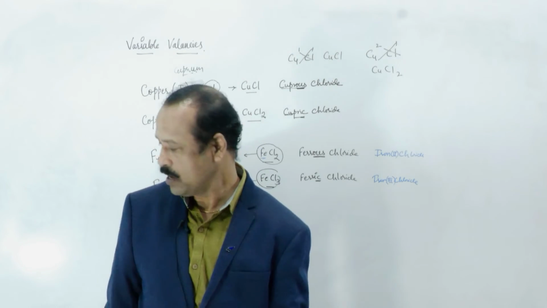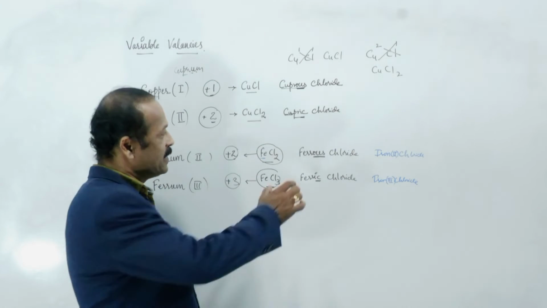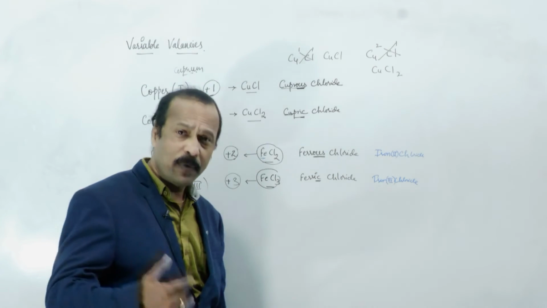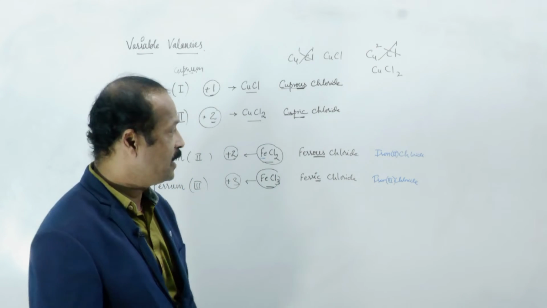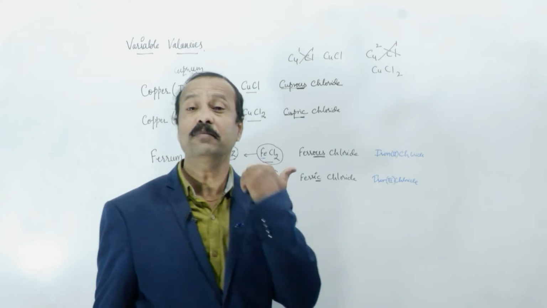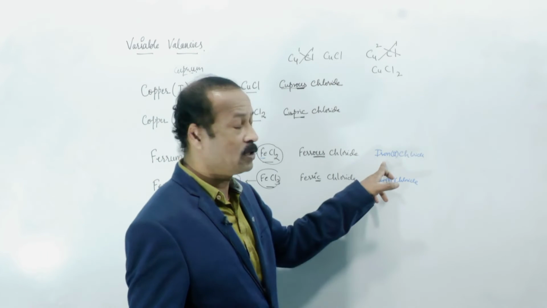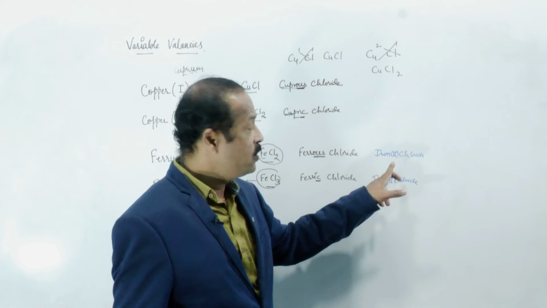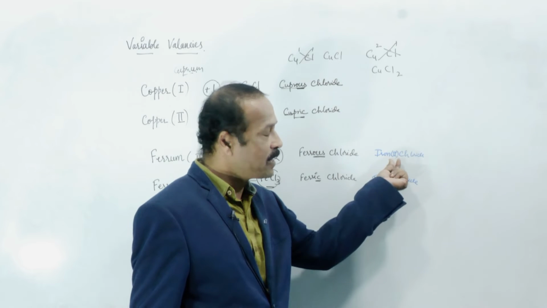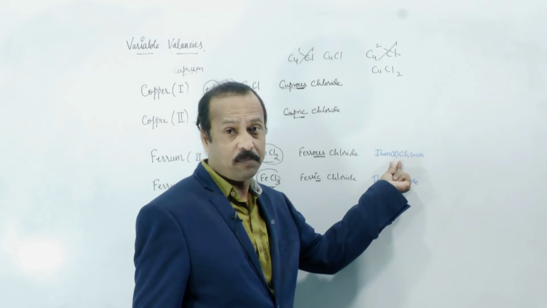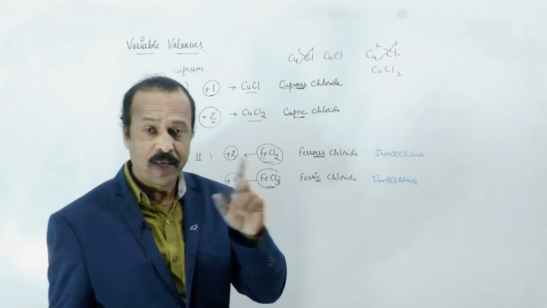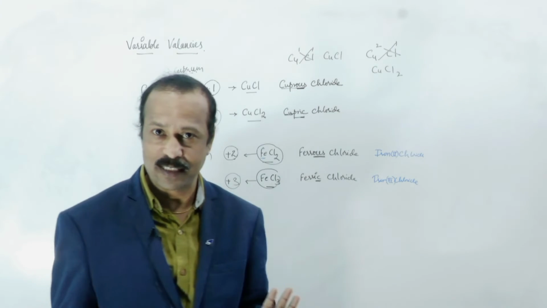Clear? This is actually a better way, but in some cases you can see it in materials or textbooks written like this: iron chloride, in brackets +2, I mean Roman number 2. The meaning is that iron is exhibiting +2 valency.